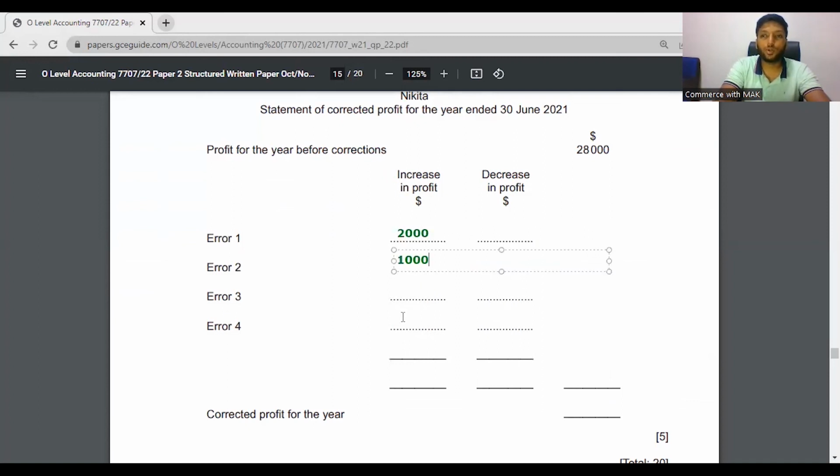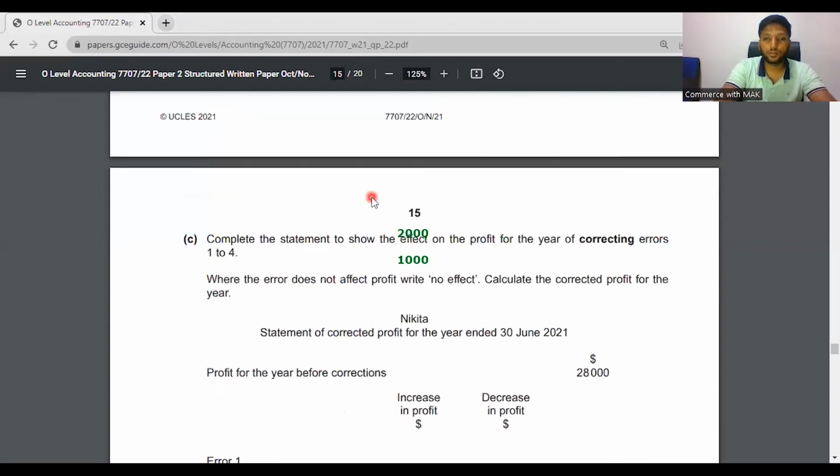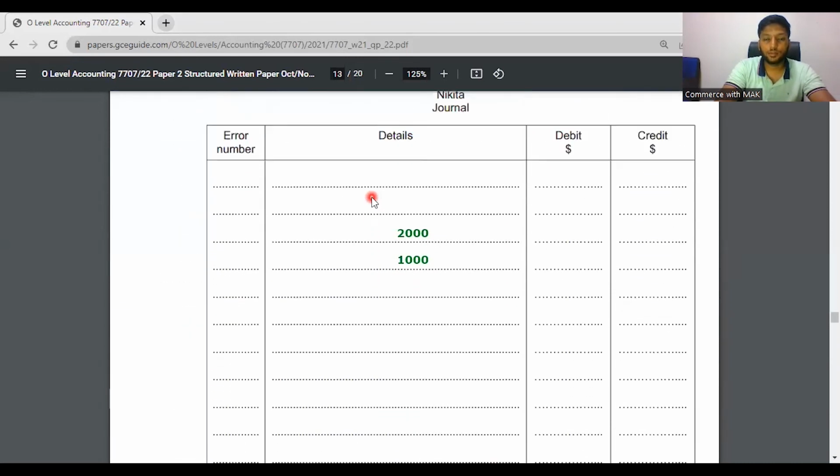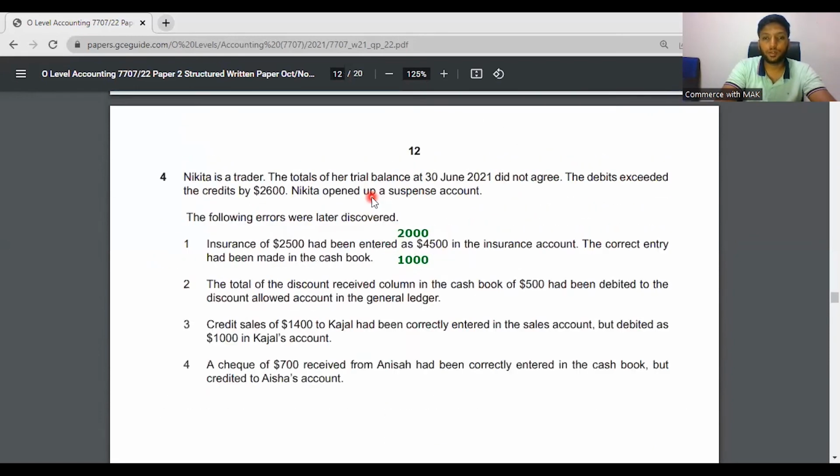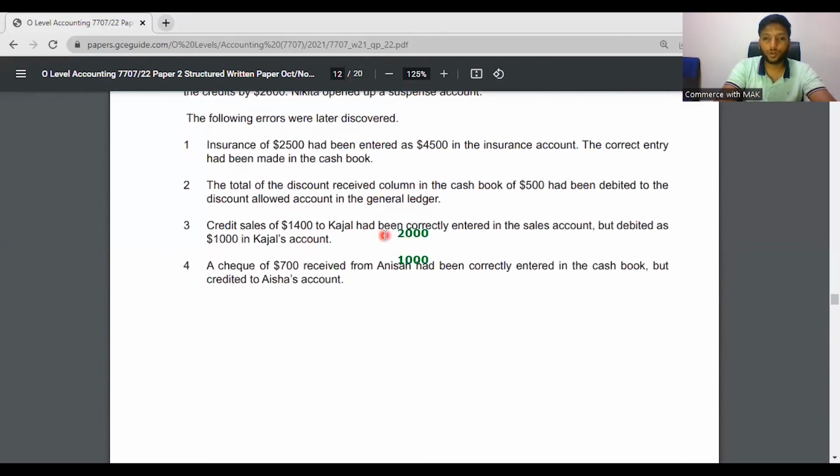Now what is related to error 3? The error 3 spoke about how much the transaction. Let me explain. Credit sales of 1,400 to Kajal had been correctly entered in the sales account, but debited as 1,000 in Kajal's account. Now, if they had said something related to the sales account, if they recorded it wrongly in the sales account, then it would be related to the profit and loss statement, because we have sales minus cost of sales, then the other income, then the expenses.